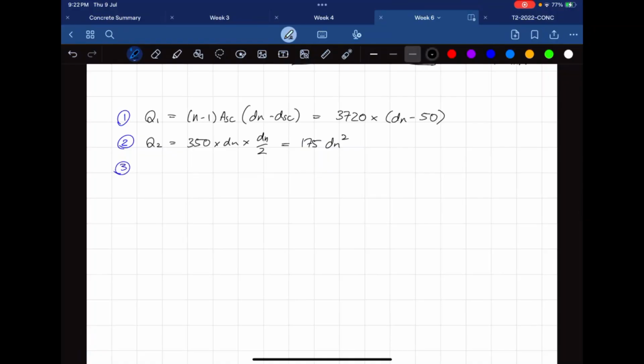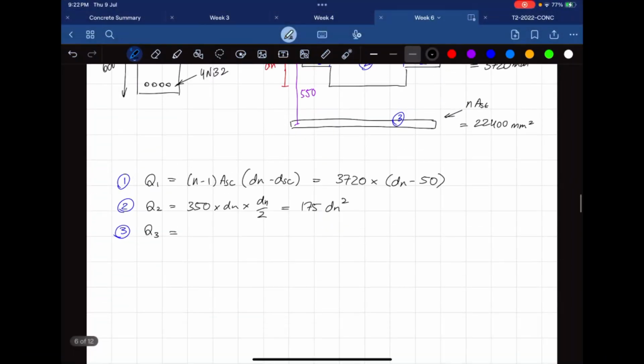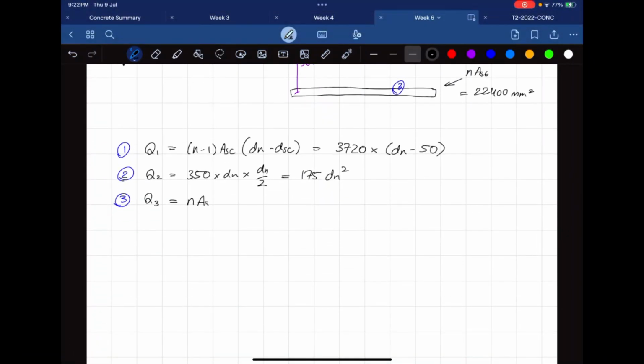Component number 3 is Q3, I joined. It's going to be NAST times dn minus dst, which is equal to 22400 times dn minus 550.